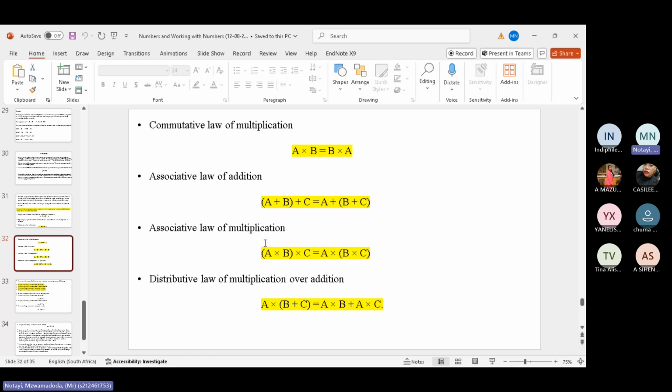The associative law of multiplication: A multiplied by B multiplied by C is the same as A multiplied by B multiplied by C. The distributive law of multiplication over addition: A multiplied by B plus C is equal to A multiplied by B plus A multiplied by C. That is, A multiplies everything inside the bracket. A multiplied by B gives AB, plus A multiplied by C gives AC.